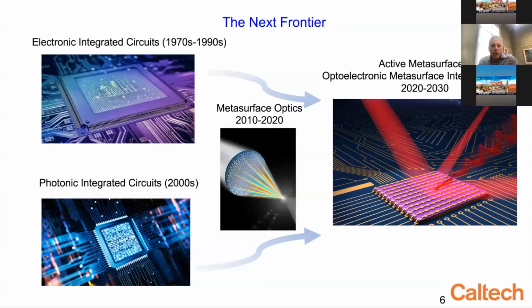And then, of course, also in the 2000s, we saw the rise of photonic integrated circuits that were guided wave circuits. And a lot of this has really converged now to become a silicon photonics sort of technology, although there are other materials that are used for photonic integrated circuits like silicon nitride, even plasmonic integrated circuits in some specialized cases. And these essentially were forerunners to the metasurface optics revolution.